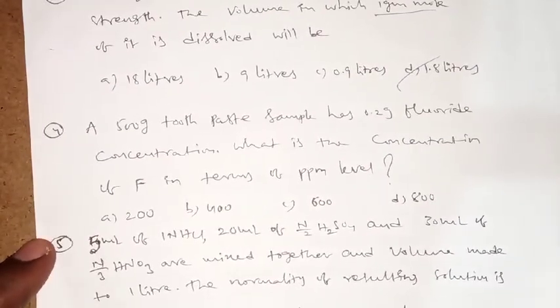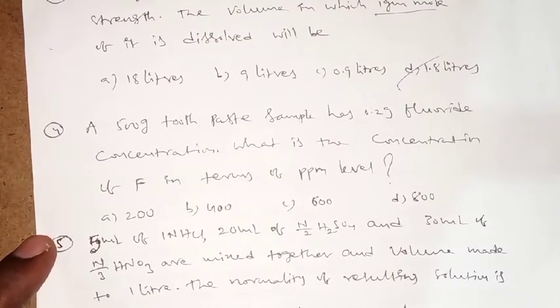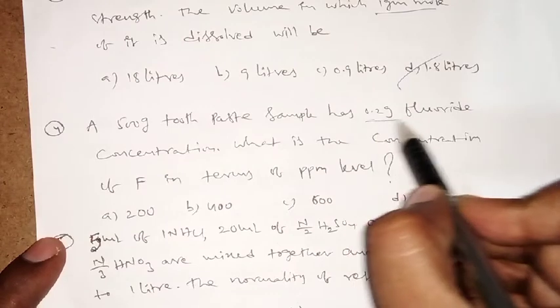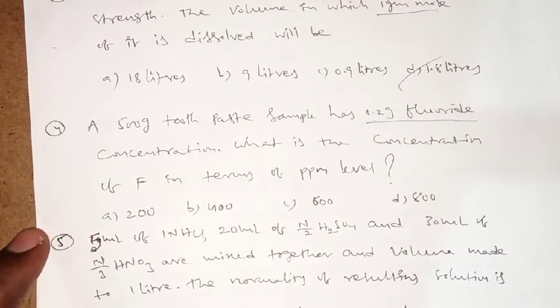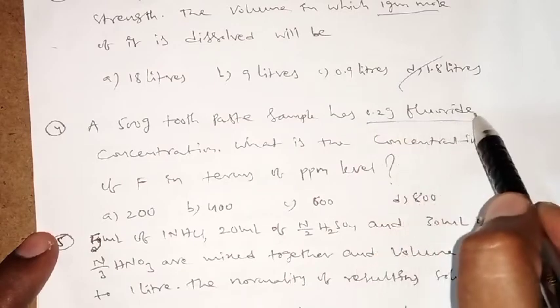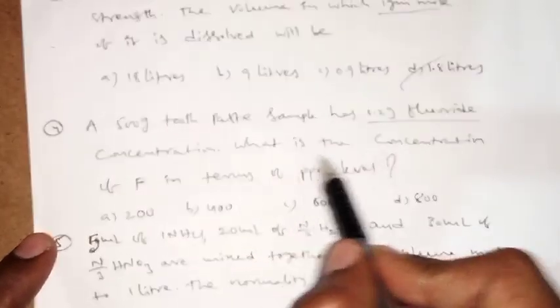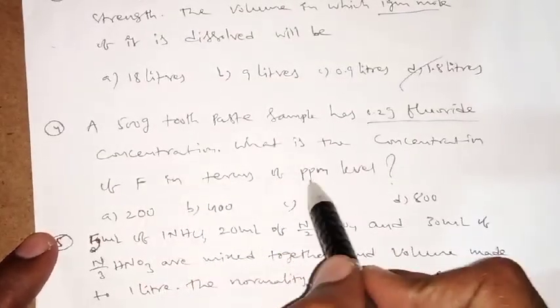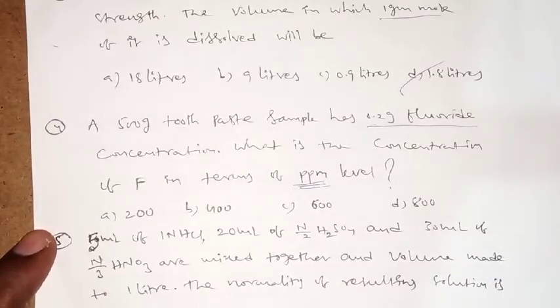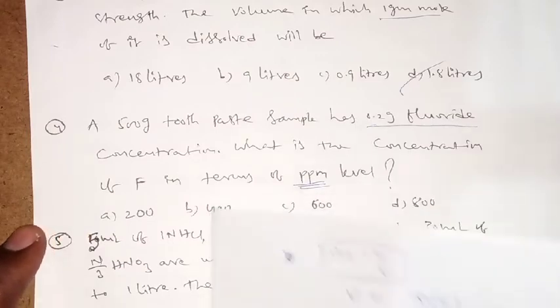A 500 grams toothpaste sample has 0.2 grams of fluoride. What is the concentration of F in terms of ppm? So you are supposed to identify parts per million. It is a very simple and direct substitution. Parts per million is nothing but, instead of percentage, you take parts per million.